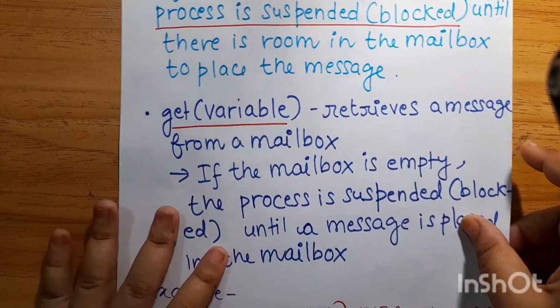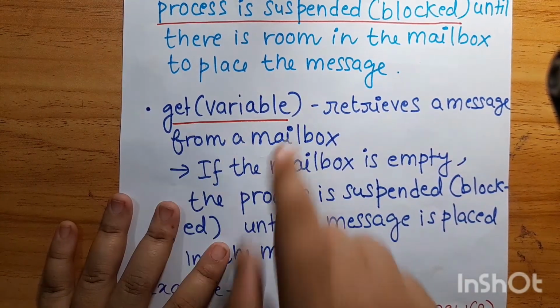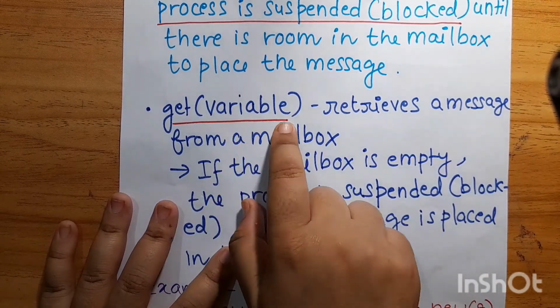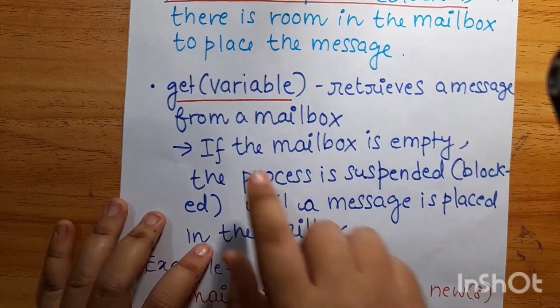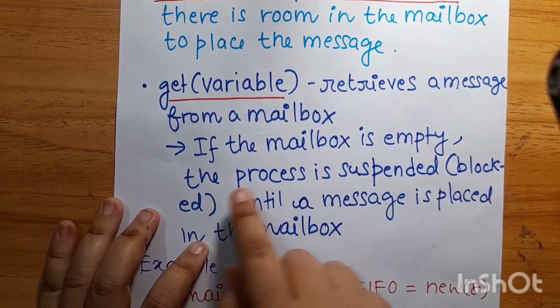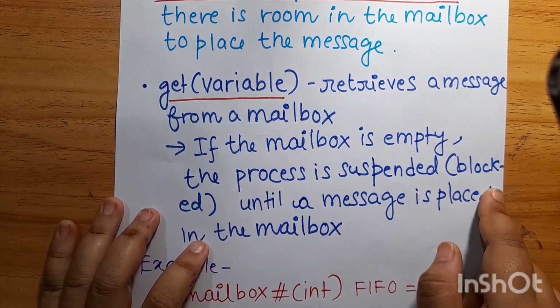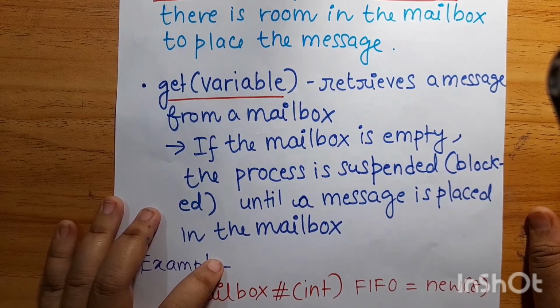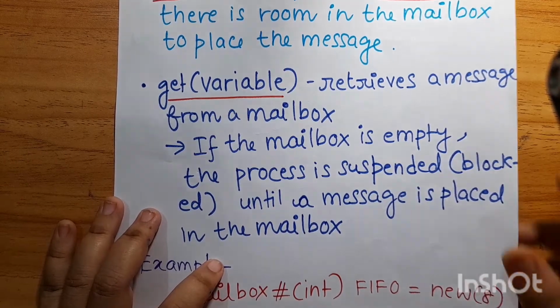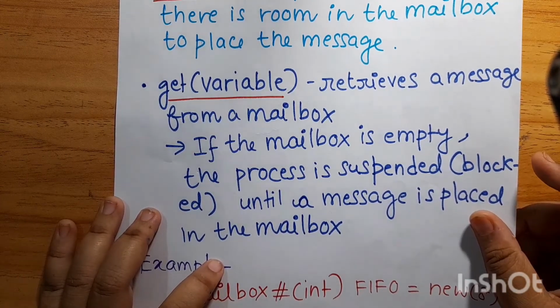Then we have the method get, with a variable or message. It retrieves the message from a mailbox. If the mailbox is empty, here also the process is suspended or blocked until a message is placed in the mailbox. So these are the blocking methods available with a mailbox.